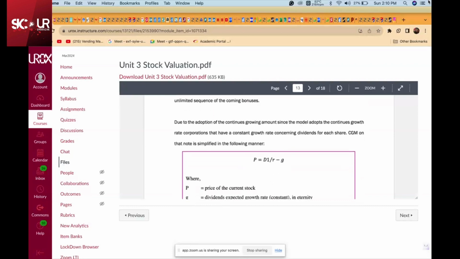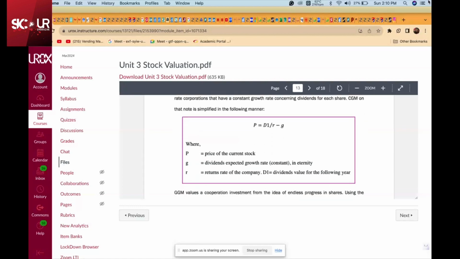Due to the assumption of continuous growth, the model applies to corporations that have a constant growth rate concerning dividend for each share. So the constant growth model on that note is simplified using this formula.